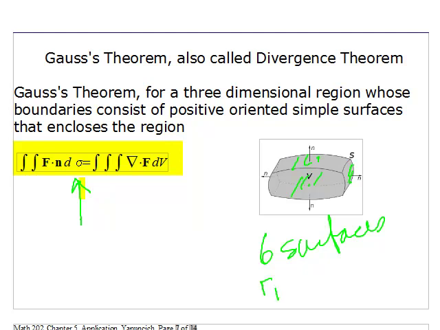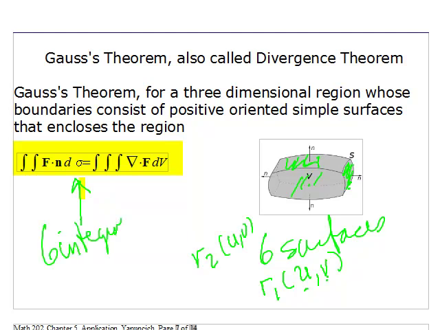You'd have R1, and it would be a function of 2 variables because it's a surface. If it's a surface, you've got a parameterization involving 2 variables, and you would have one up here, so there would be R2, and you would have to make sure you did this correctly. So this would involve, on this hand, 6 integrals, and it might be easier than the other, who knows.